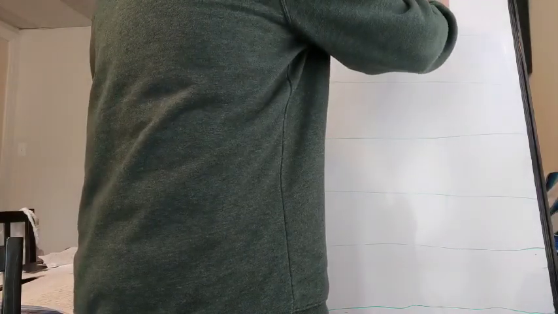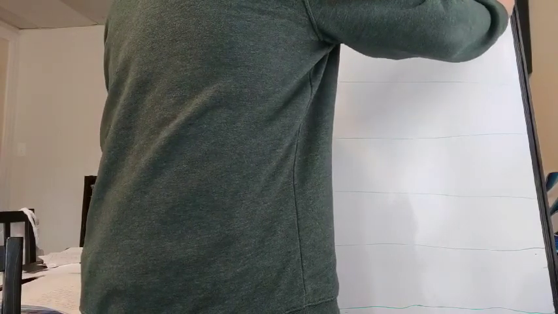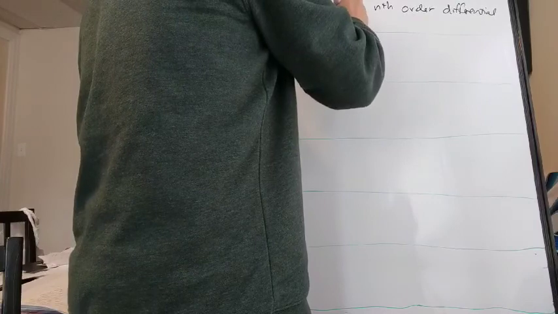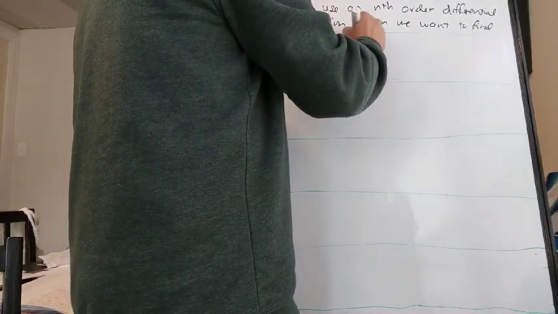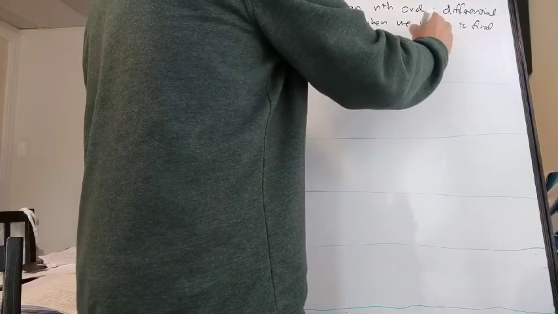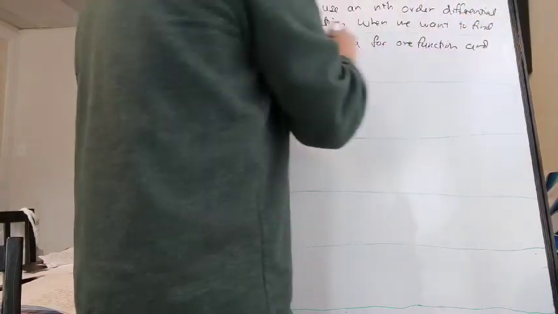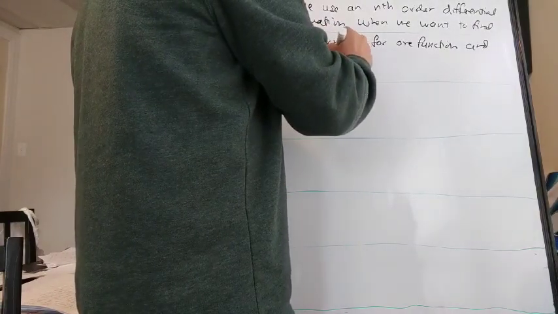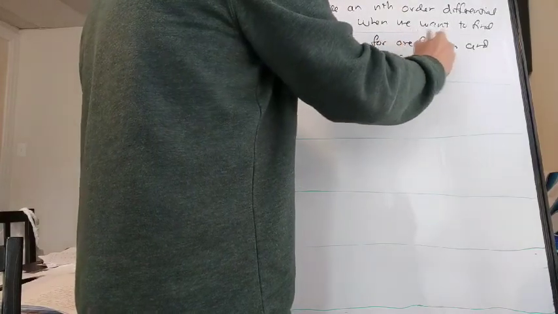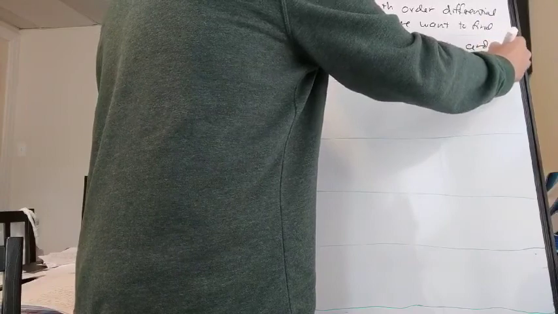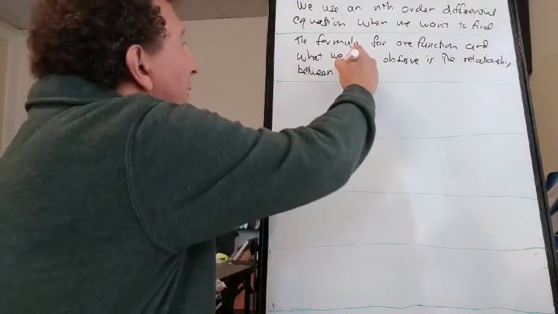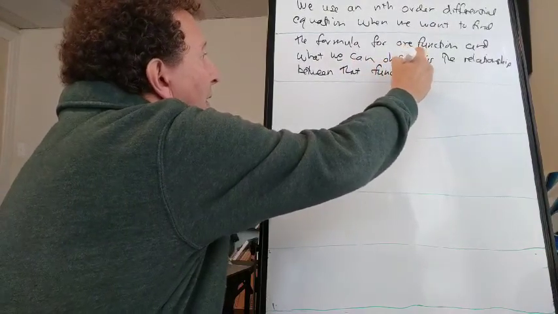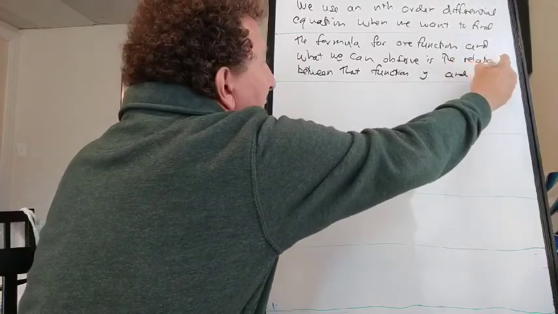So we use an nth order differential equation when we want to find the formula for one function, and what we can observe is the relationship between that function, let's say y, and its derivatives.